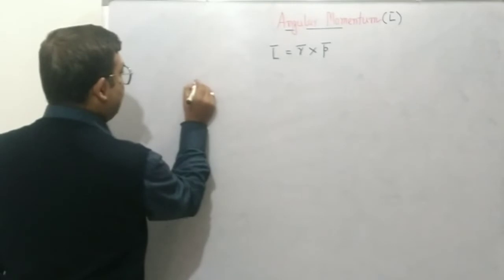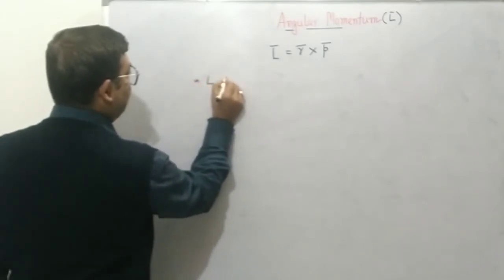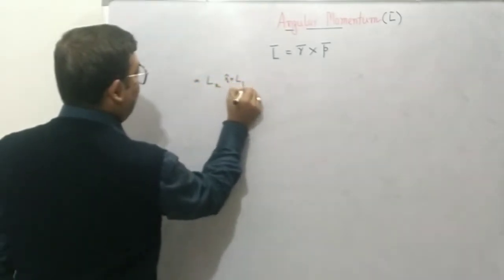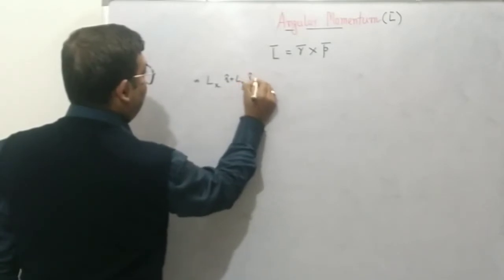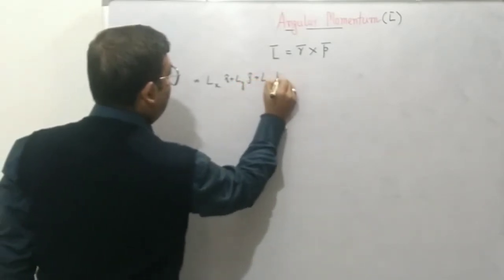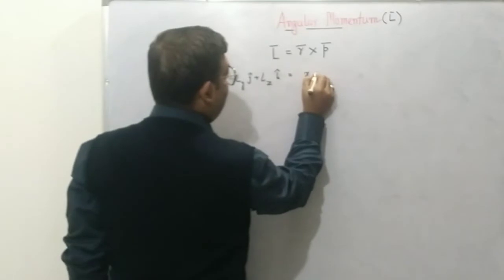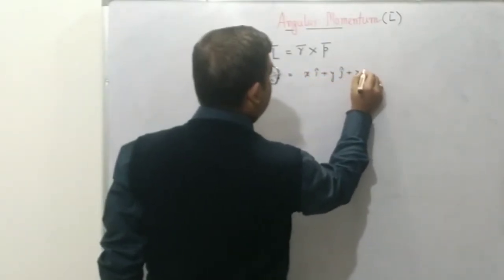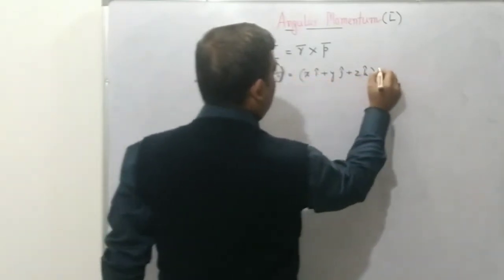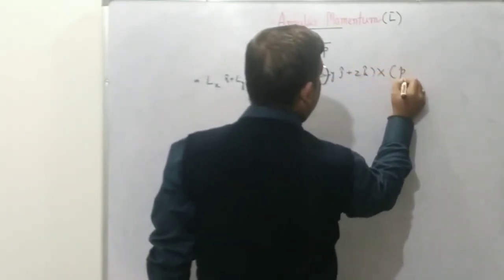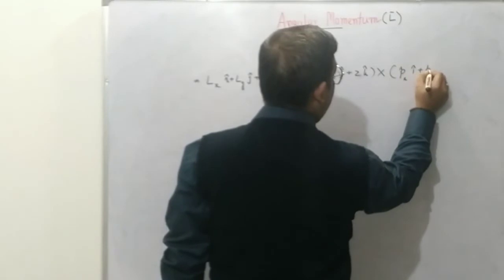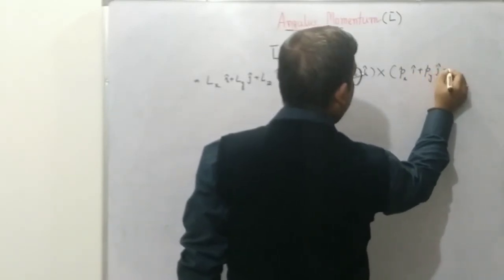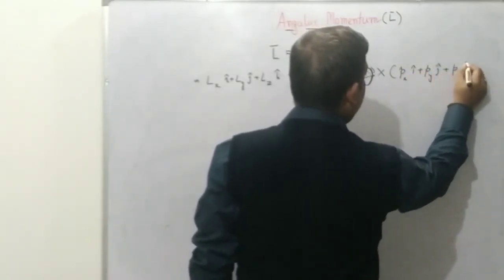So we can say that Lx i cap plus Ly j cap plus Lz k cap must be equal to (x i cap plus y j cap plus z k cap) cross (px i cap plus py j cap plus pz k cap).